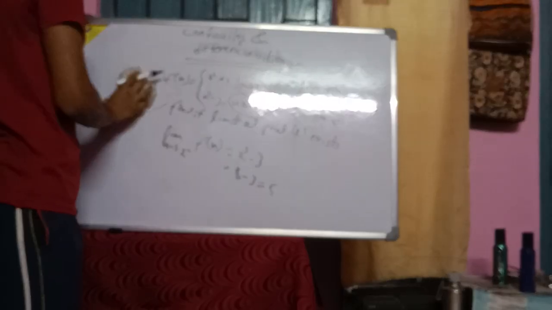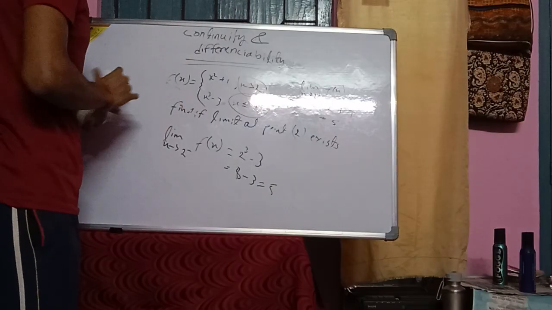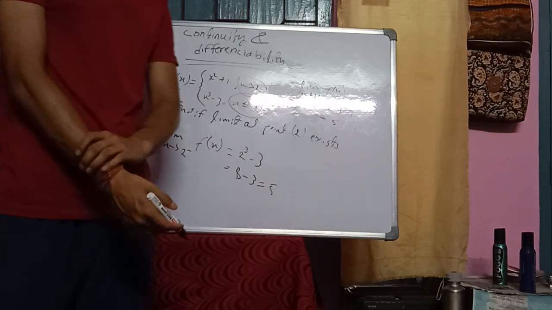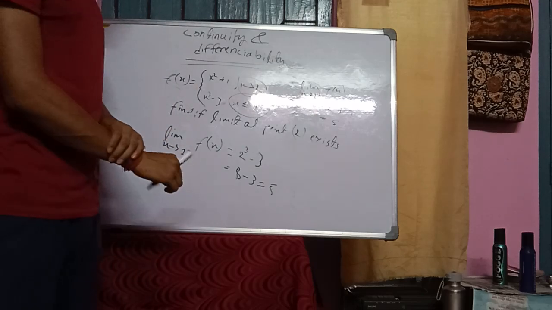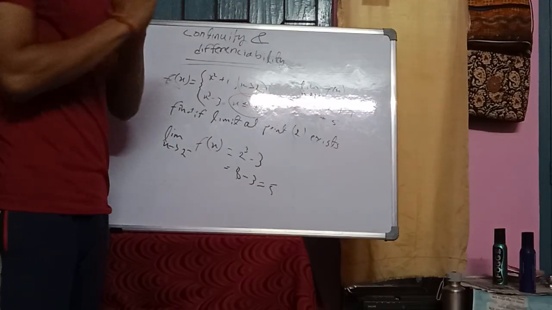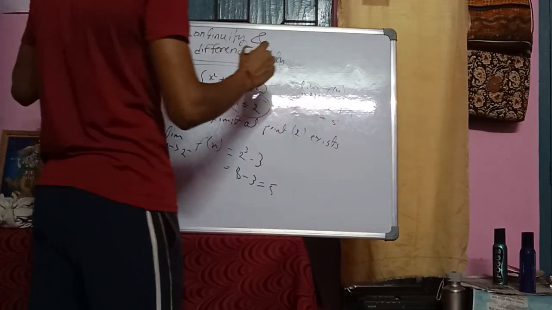You have been taught about all this in 11th standard. Now what is continuity? Continuity asks if, basically the definition is that the left hand limiting value, the right hand limiting value, and the functional value agree. What is functional value?